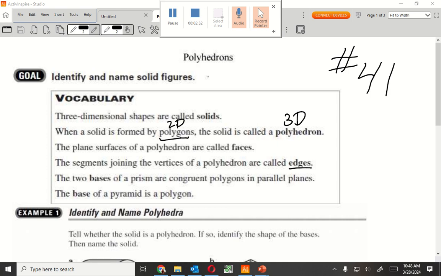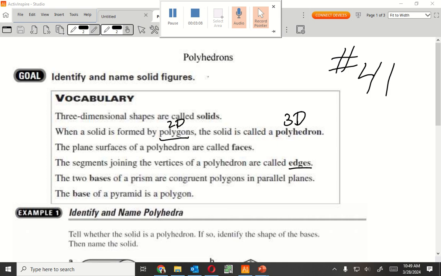This right here would be a polygon, and in the whole shape, it would be referred to as a face. This one's a face. The whole thing together would be the polyhedron, okay? And segments joining two vertices of the polyhedron, so that would mean this line right here is referred to as the edge. The line right here connecting the two faces is the edge.